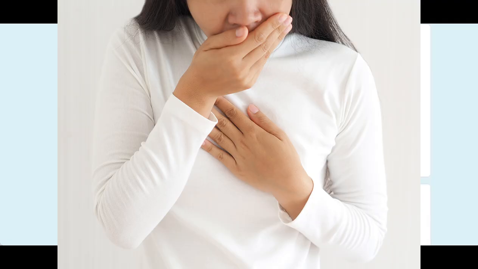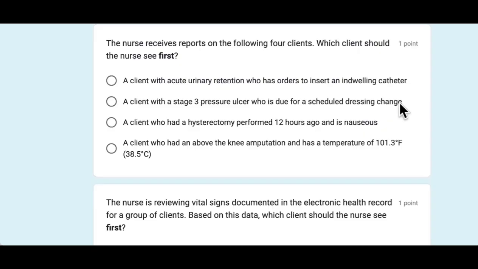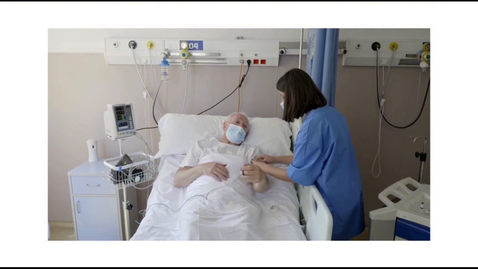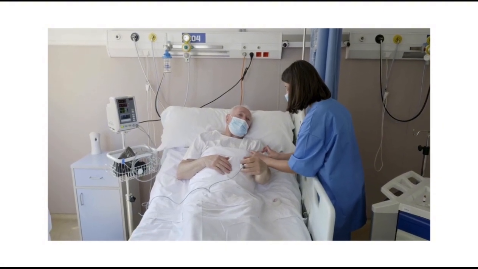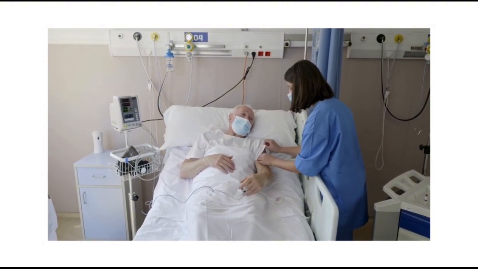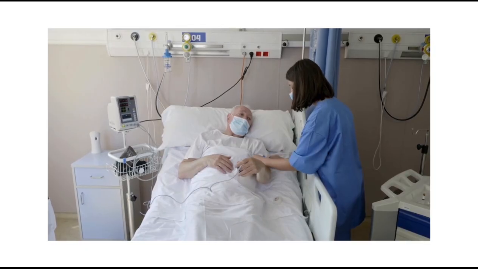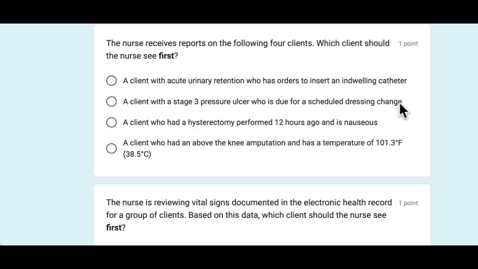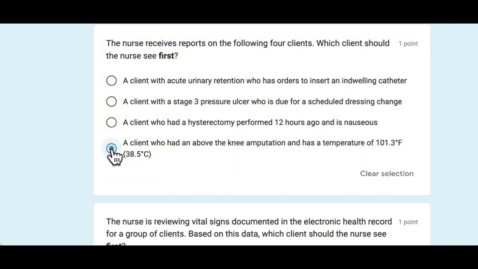And then finally, D, or 4, a client who had an above-the-knee amputation and has a temperature of 101.3 degrees Fahrenheit. All right, so which of the following? Okay, you guys are liking 4. The 4s are rolling in, so we're going to go with 4.